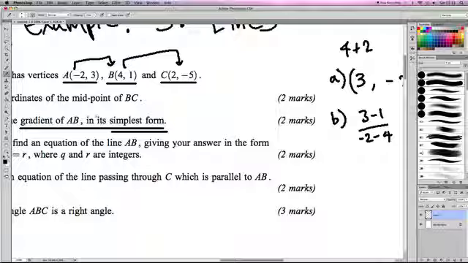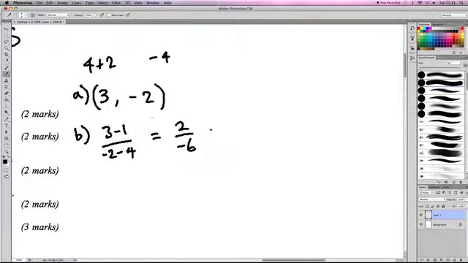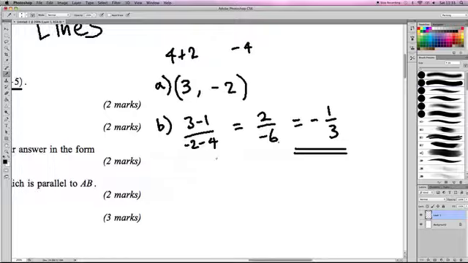So that means they want you to simplify it to 1 over minus 3, or minus a third. So that right there is your answer, okay? I'll come back to the marking, but if you had 2 over minus 6, they would only give you the mark for the working out here.